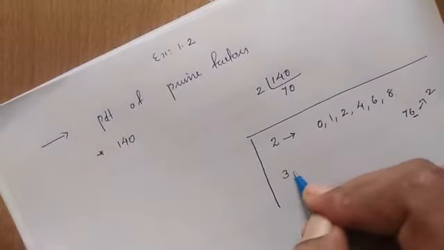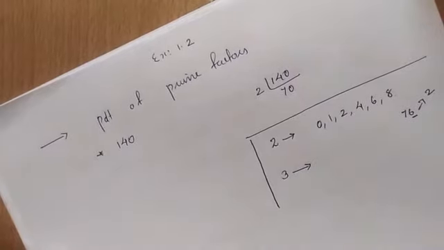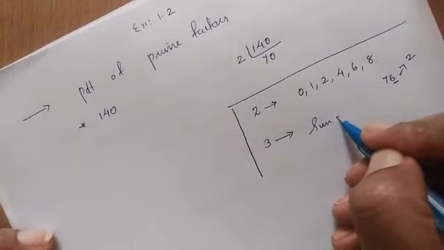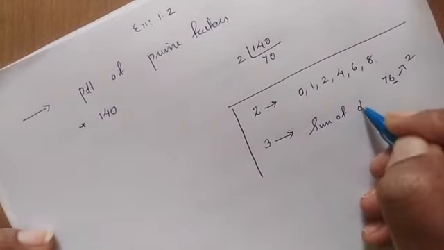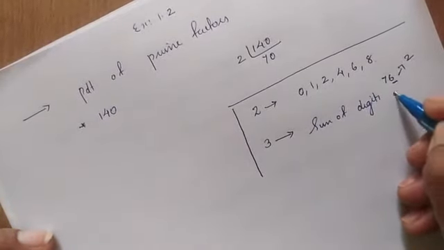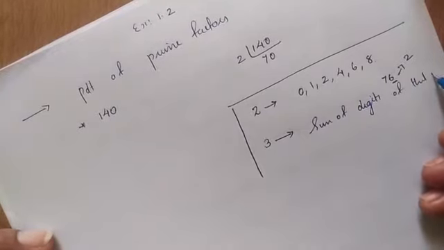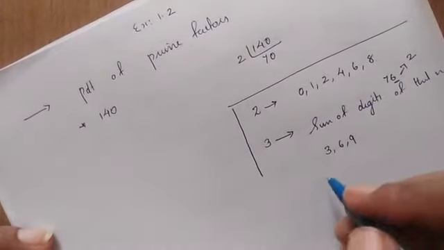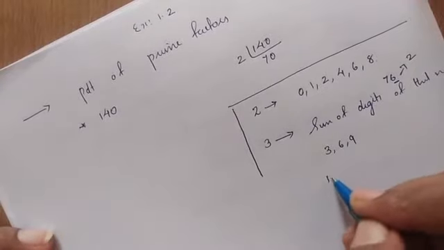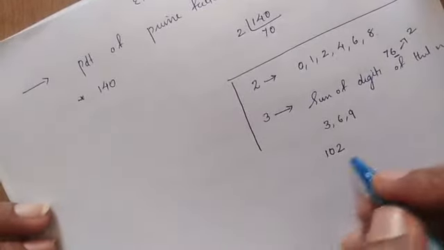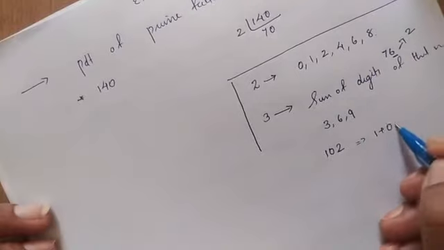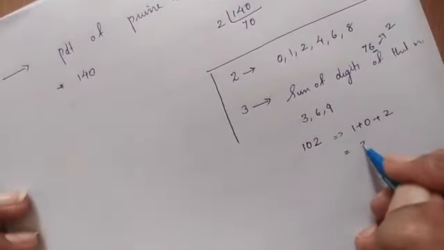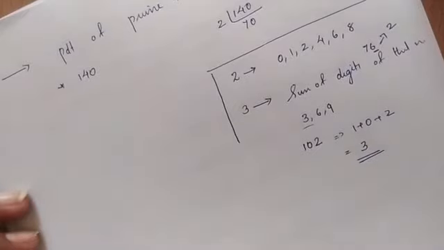Next is number 3. Number 3 becomes a factor when the sum of digits of that number is 3, 6, 9. For example, 102. Here the sum of digits is 1 plus 0 plus 2, which is equal to 3.